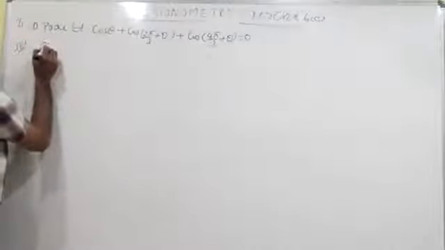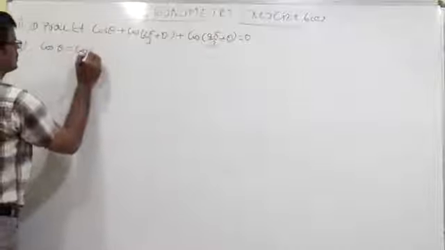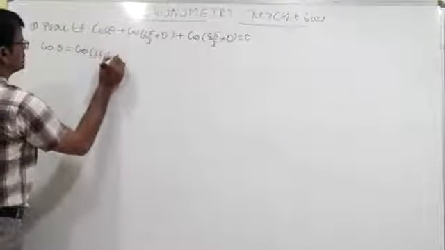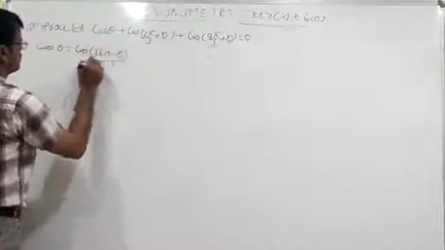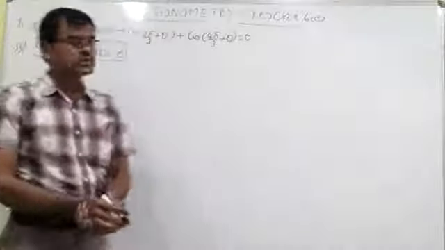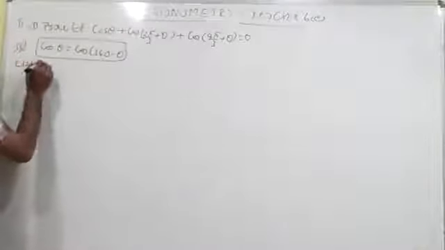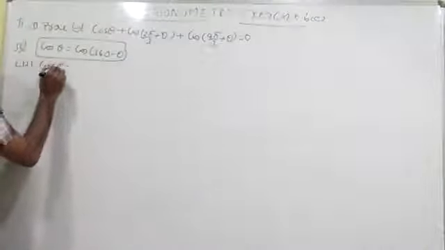Here you can apply the formula cos theta is equal to cos of 360 minus theta, according to the all-sin-tan-cos quadrant rule, cos of 360 minus theta. Now taking LHS, simply write cos theta like this, don't change.